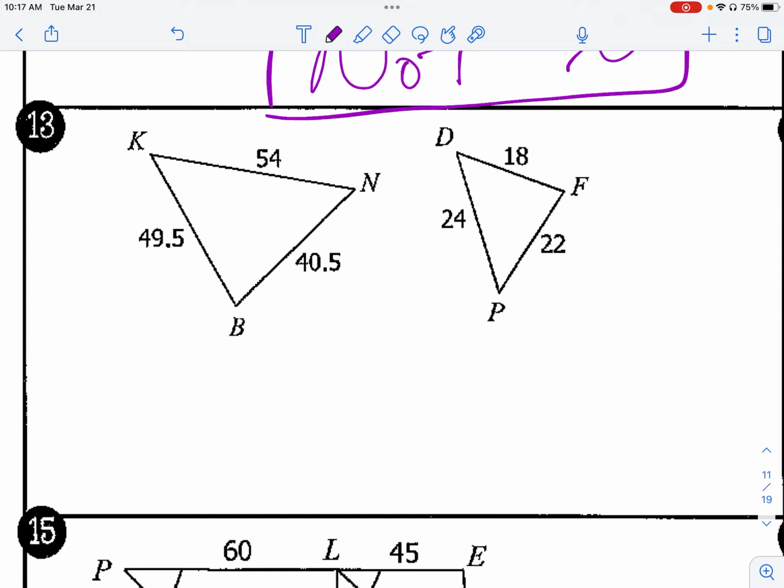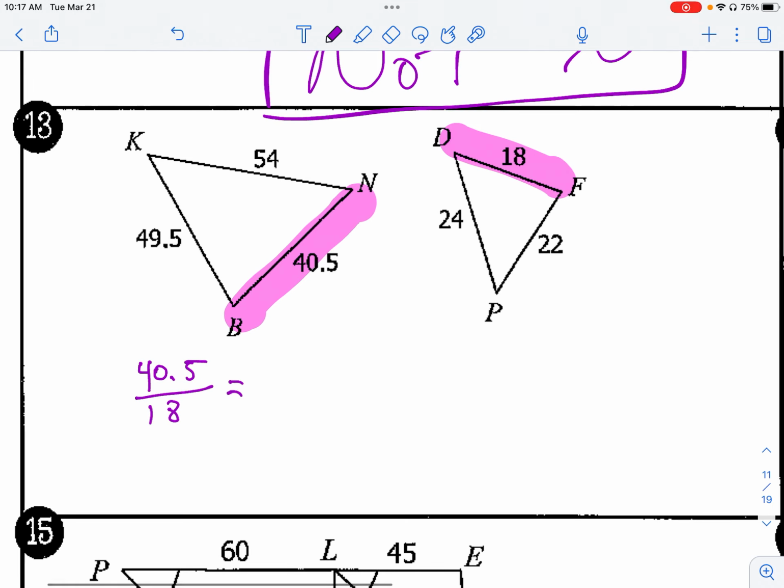All right, got lots of sides here. So what are we going to do? Well, all the sides are given, so we're probably looking at side, side, side. So let's get these lined up. I'd like to start with the small, but it doesn't really matter, does it? So we got 40.5 over 18.